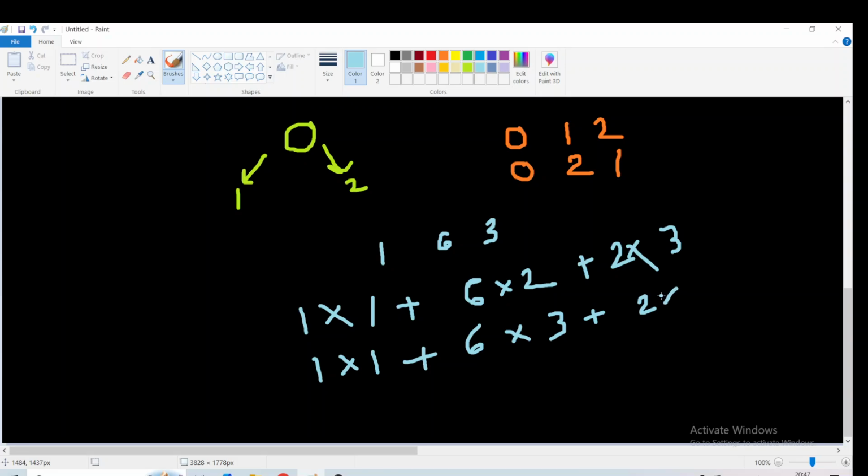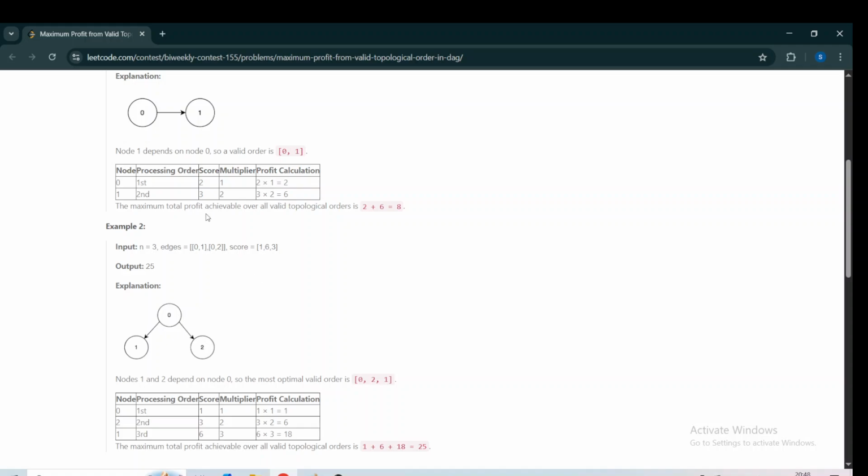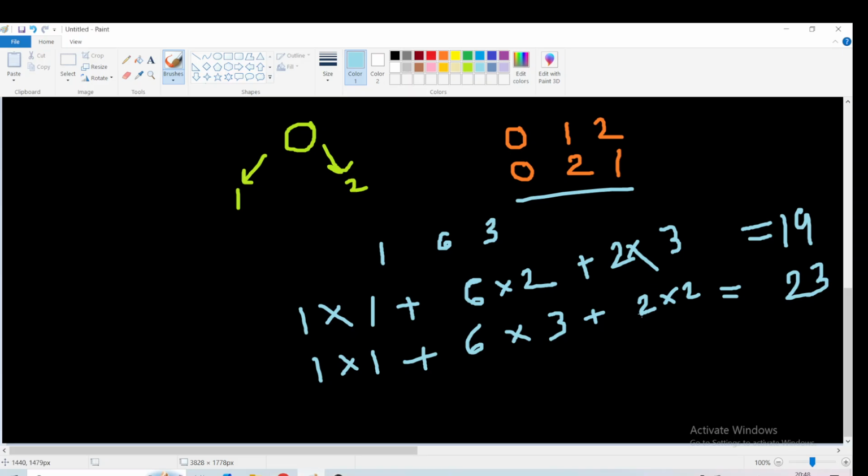So the score for the first ordering is 6 plus 12, 18, plus 1, 19. And for the second ordering, it is 4 plus 18, which is 23.